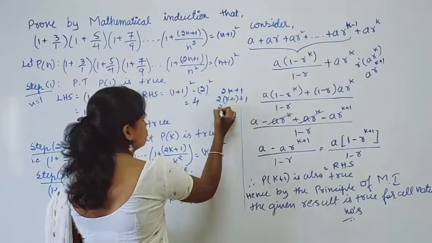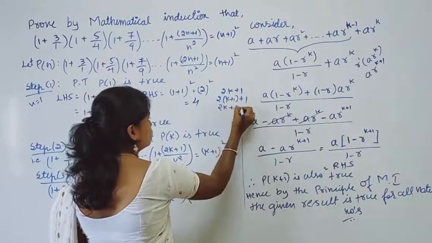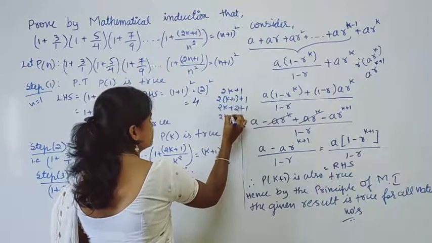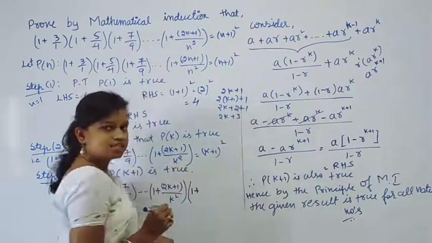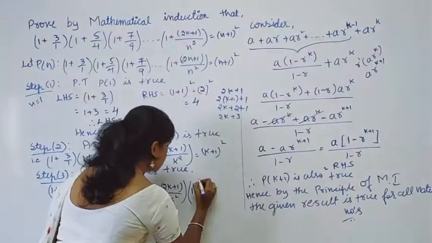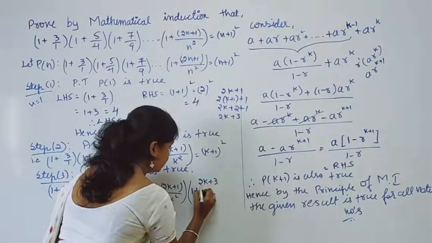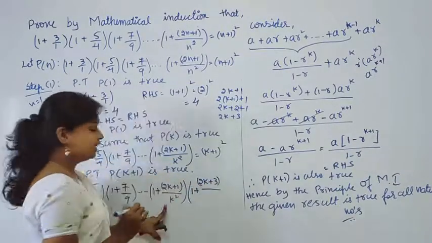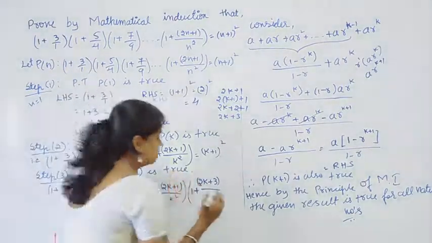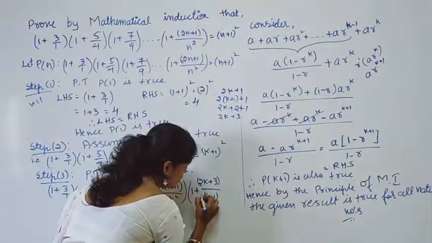So it becomes 2k + 2 + 1, that is 2k + 3. So 1 + (2k+3)/(k+1)², the (k+1)th term.